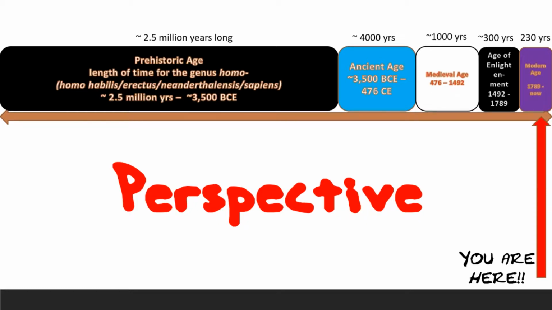And for modernity, the modern age, starting around the French Revolution, we've really only been modern for about 230 years. That's where we are now. That's pretty substantial, and that's why we want to look at the prehistoric age to give you an idea of how we got to where we are now.